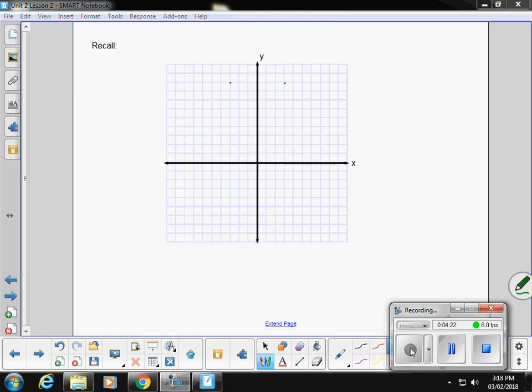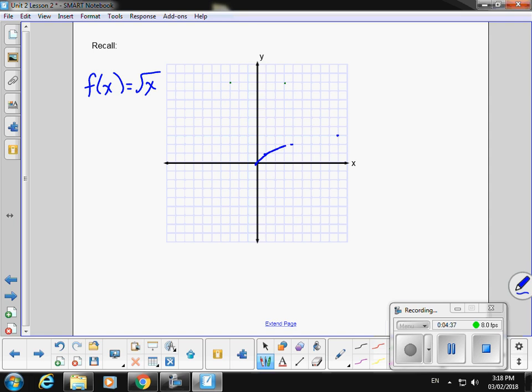Our second example yesterday was with the function f of x equals square root of x. So I'll draw that as well as I can. Okay, so our square root function. And we said after we found the derivative function by using the limit as h approaches 0 for the difference quotient, that it was 1 over 2 root x.